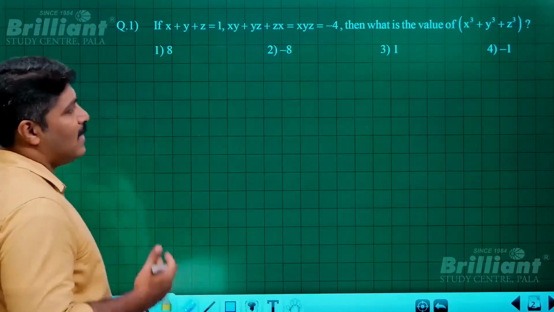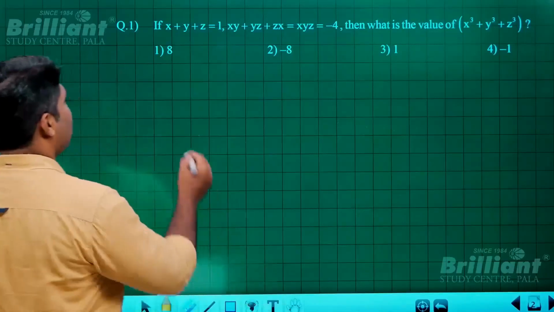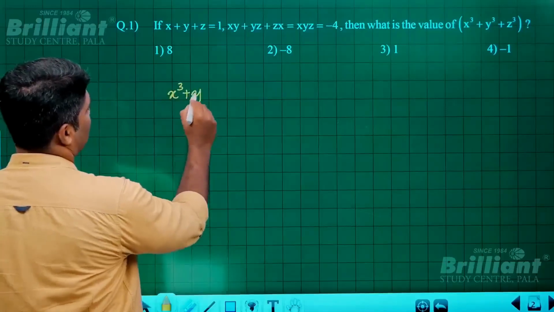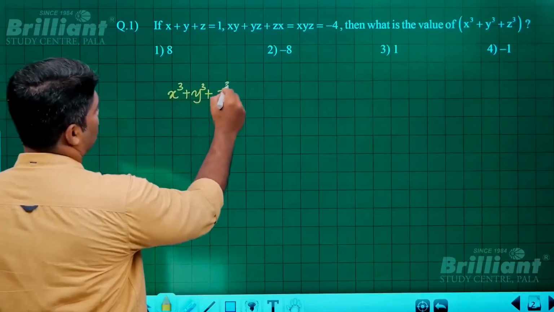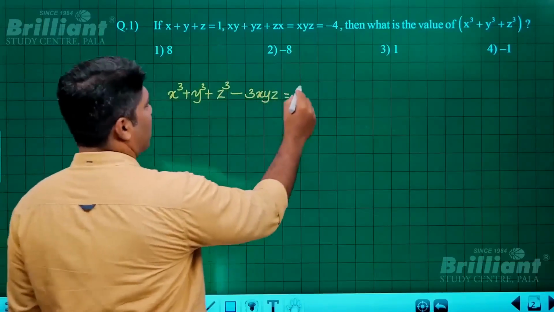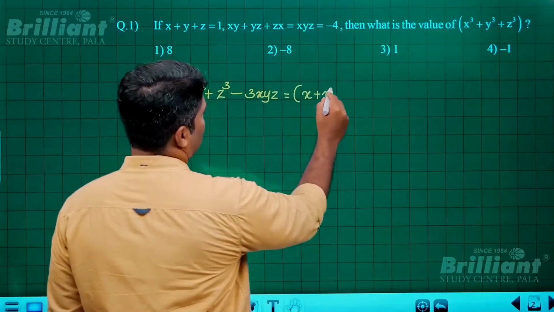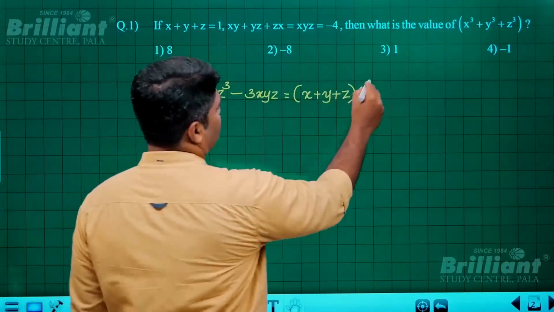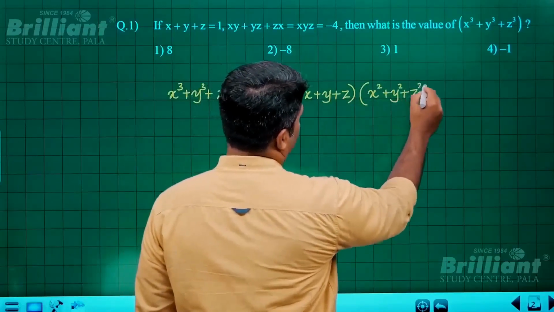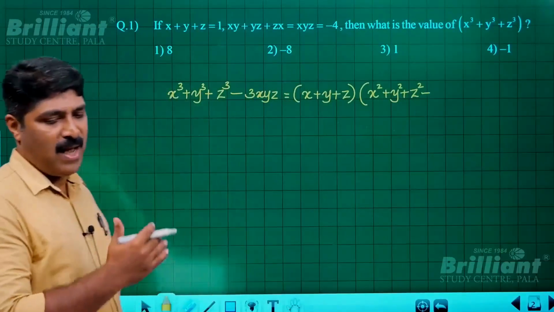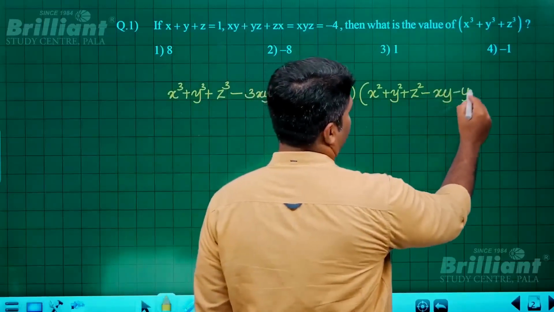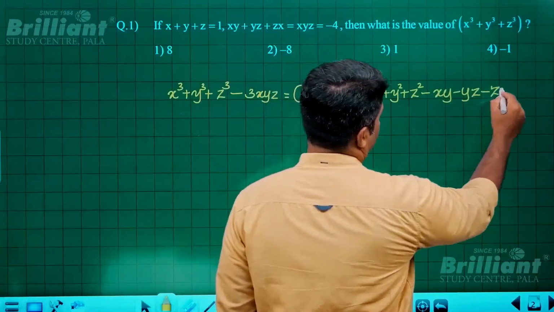In such a question, the basic identity applicable here is x cube plus y cube plus z cube minus 3xyz, which is equal to x plus y plus z into x square plus y square plus z square, minus, so here we have to subtract xy, yz and zx.